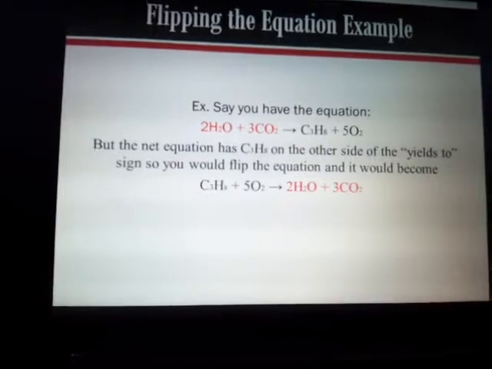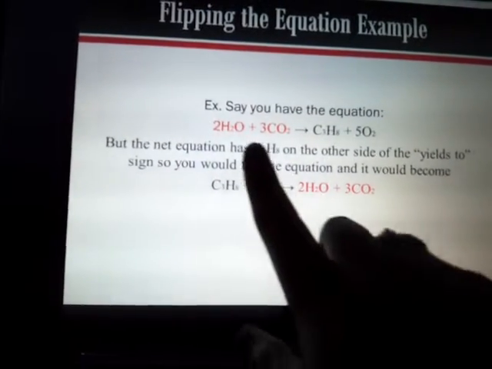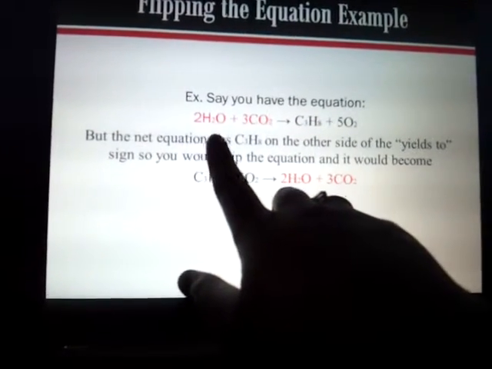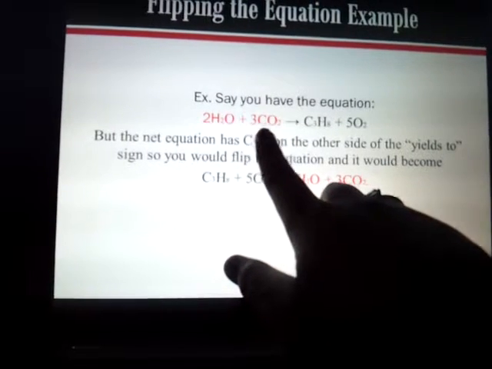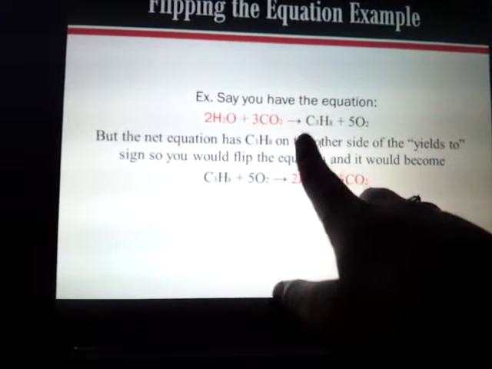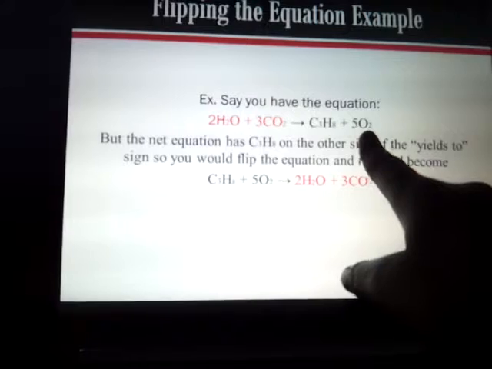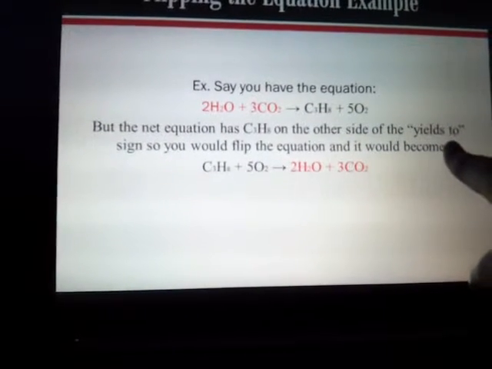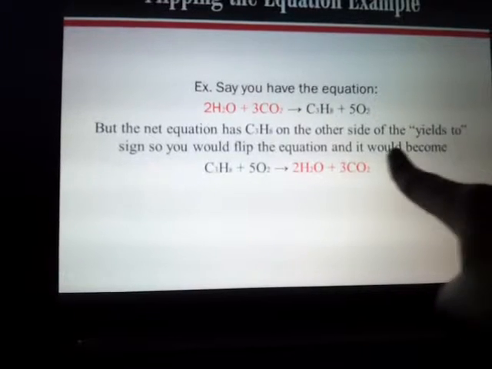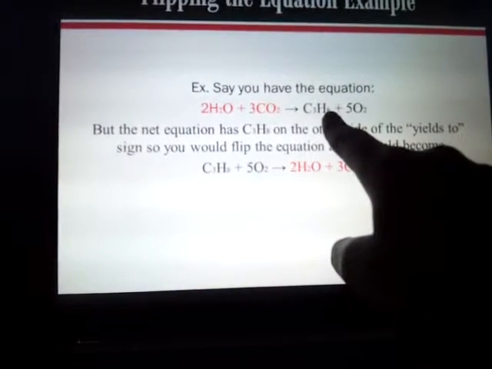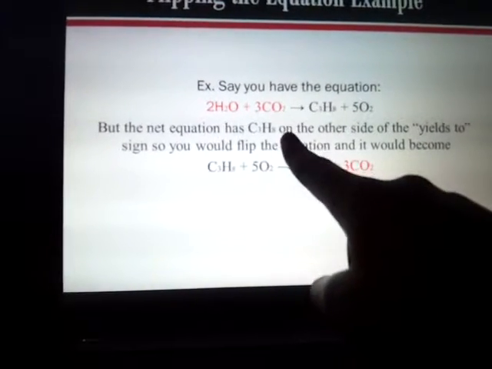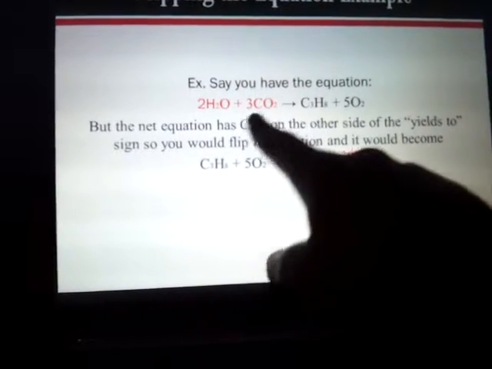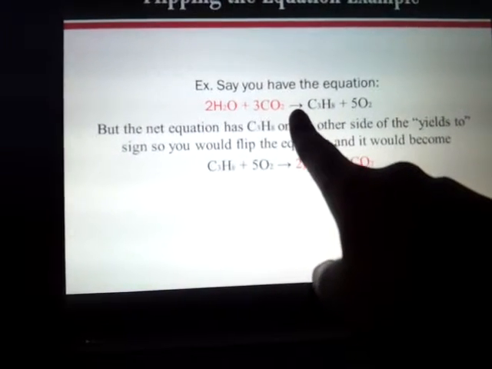For example, say you have the equation here: 4 water plus 3 carbon dioxide yields ethane and 5 oxygen. But the problem asks you to put C3H8 on the other side of this symbol here, which is the yields symbol.